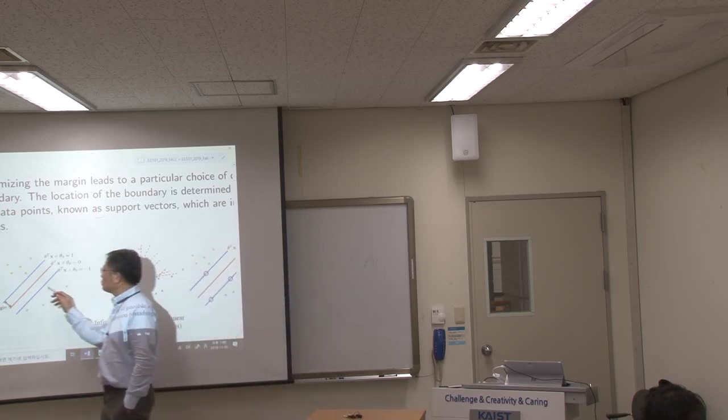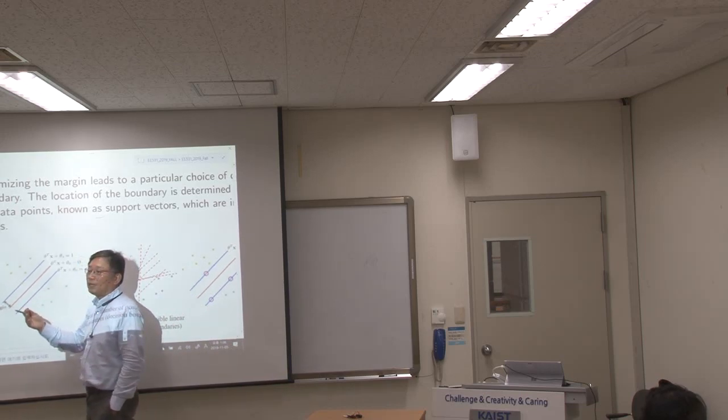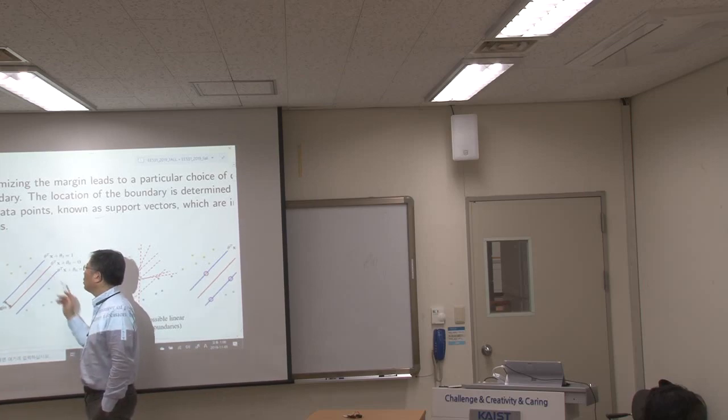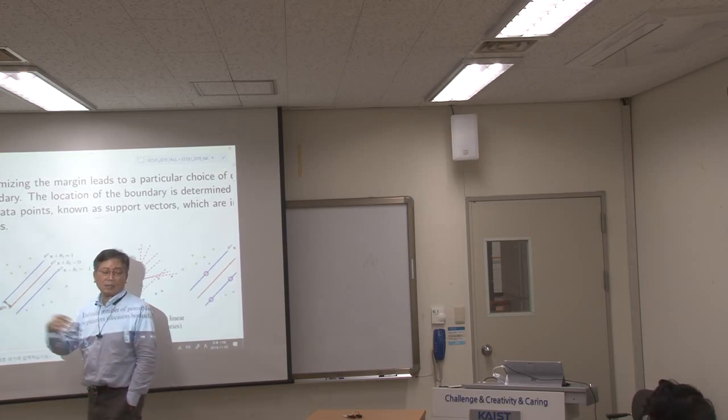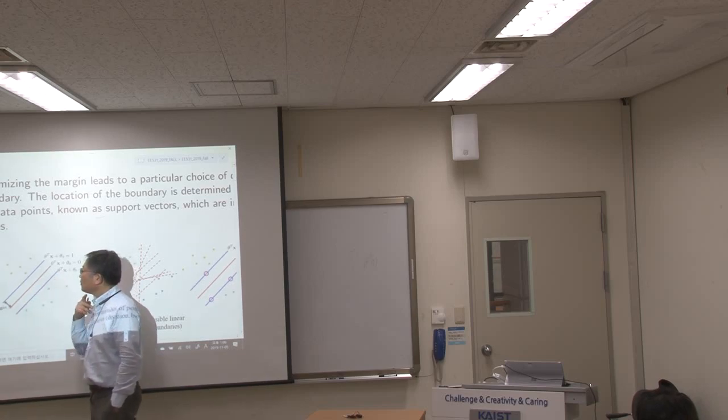So if a point lied here, I would not be able to predict whether it's yellow or blue. So that's what a decision boundary is.